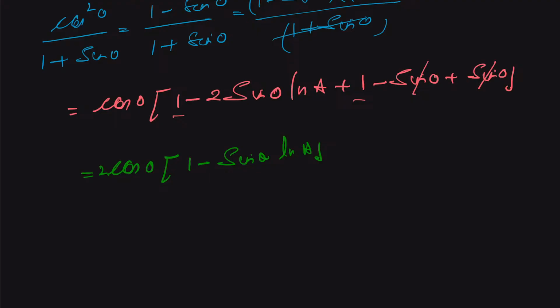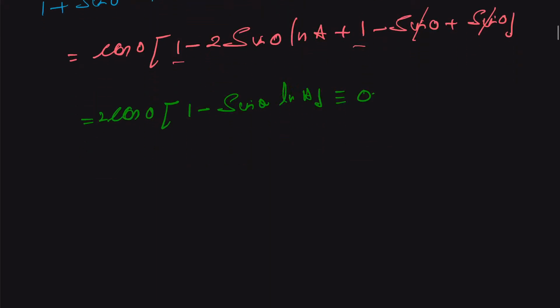So this is our derivative, and for maximum we know it has to be equal to 0. Okay. Cos theta equal to 0 means that theta will be pi by 2. Okay, so it means simple vertical launch, which is non-trivial.